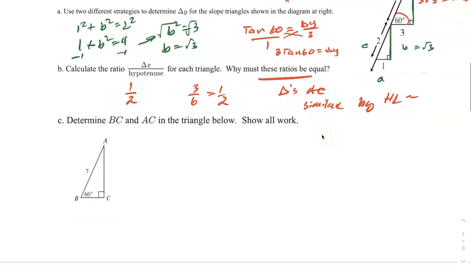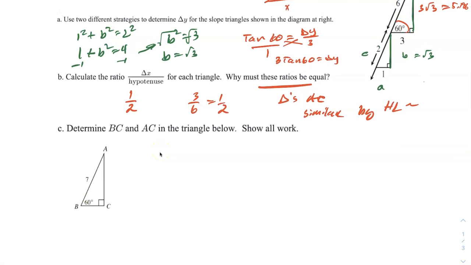So, similar triangles. Determine BC and AC in the triangle below. Show all your work. Okay, so we know now, we can do this a couple ways. We know the ratio of that triangle there is 1/2. This is 2 and this is 1. So I could set a proportion, 1 over 2 should equal BC over 7.